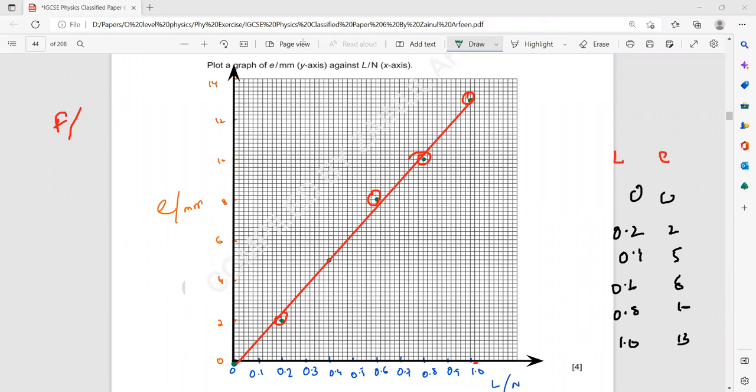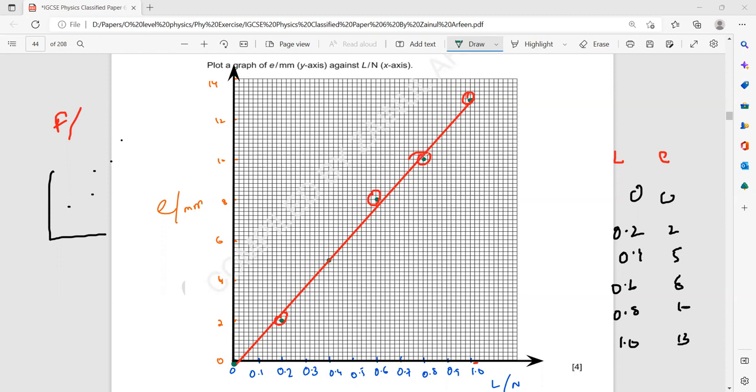So why do we choose a line of best fit? Because the points might be scattered. When the student did the experiment, there might be a parallax error. The ruler may not be vertical. Maybe the spring was vibrating when he was measuring the length. So he may not get the correct value because of errors, systematic or random errors.